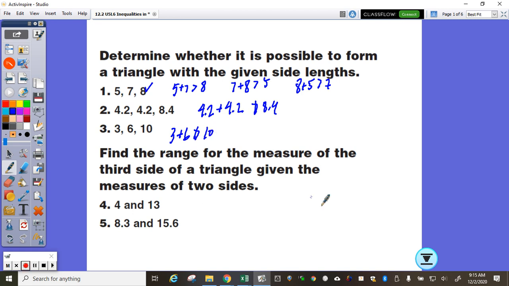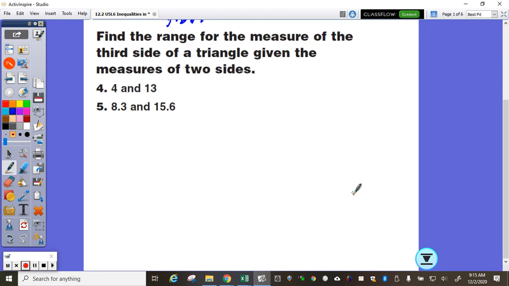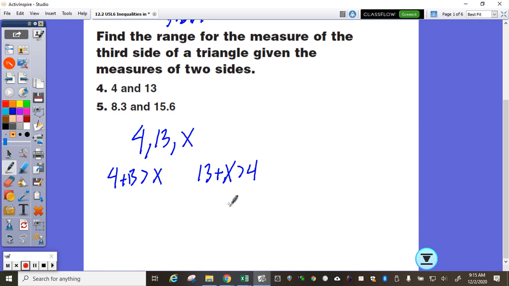Now the range of sides, this is what this one was right here. This is the more complicated part. If I have two sides, 4 and 13, and I'm looking for the range of sides that this third side could be, the same rule applies. 4 plus 13 has to be greater than x. 13 plus x has to be greater than 4.